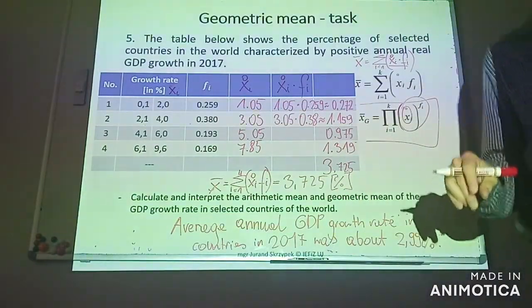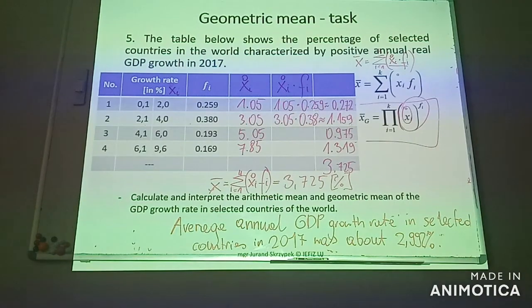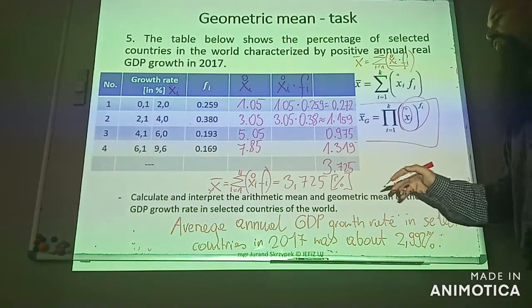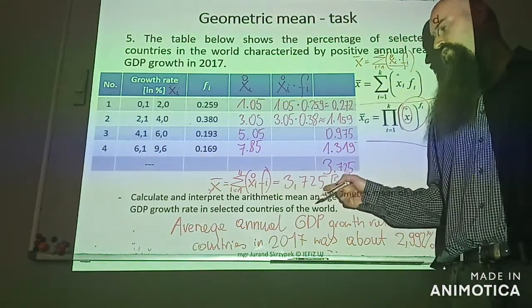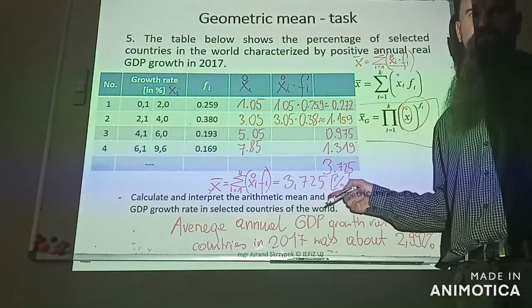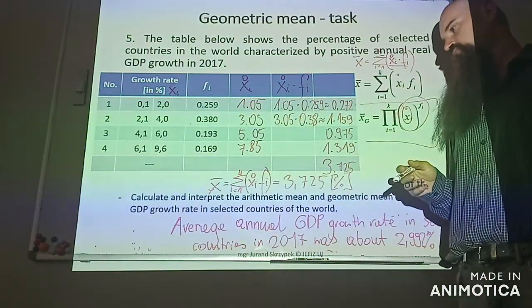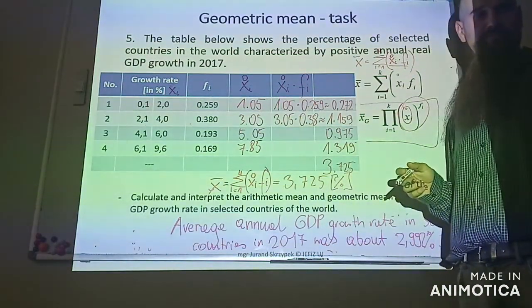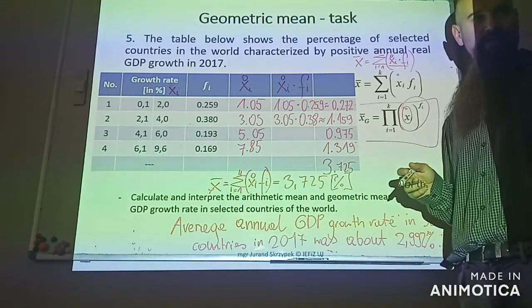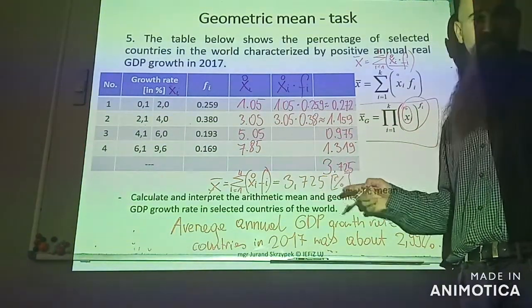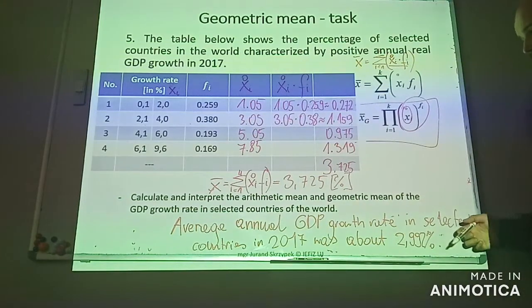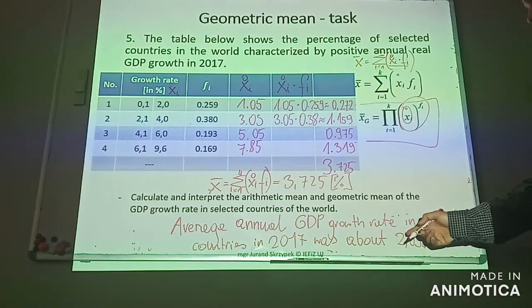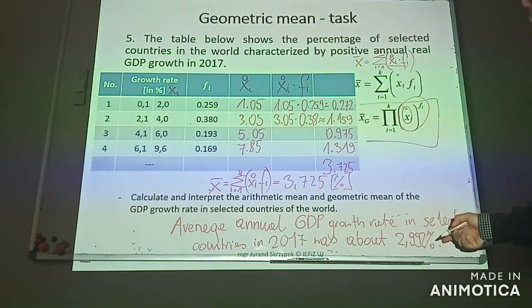And the interpretation is similar, but here we have measured average GDP growth rate using arithmetic mean. Before, we measured average GDP growth rate using geometric mean.